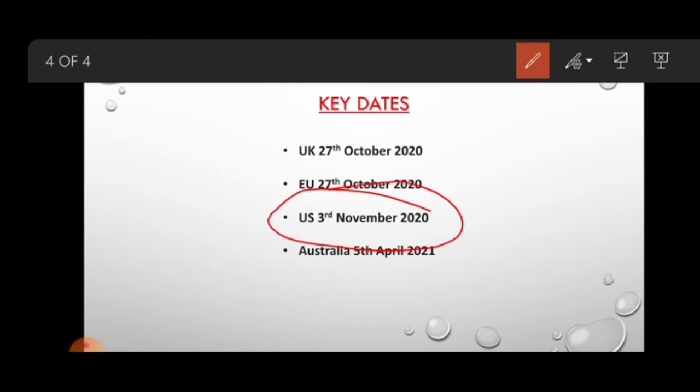On the 3rd of November, the time is going to shift back again by 1 hour and become normal again at 1 a.m.